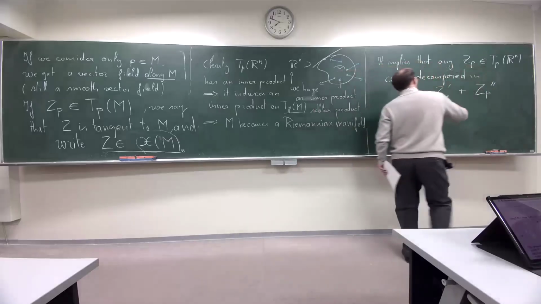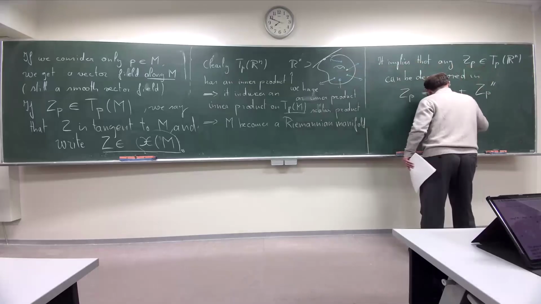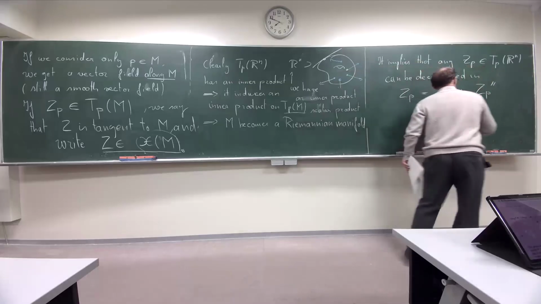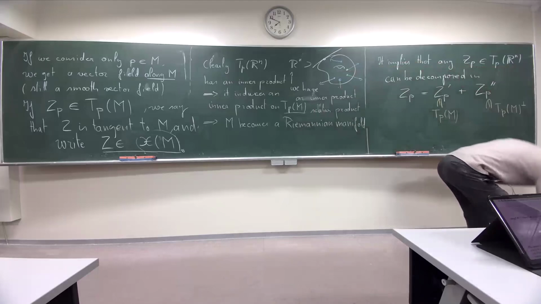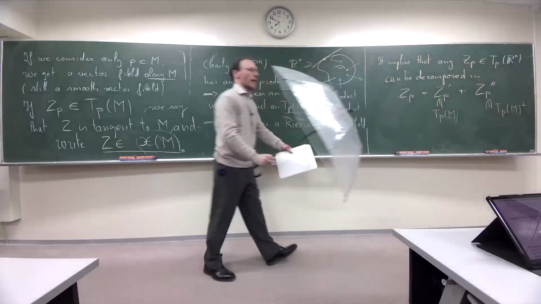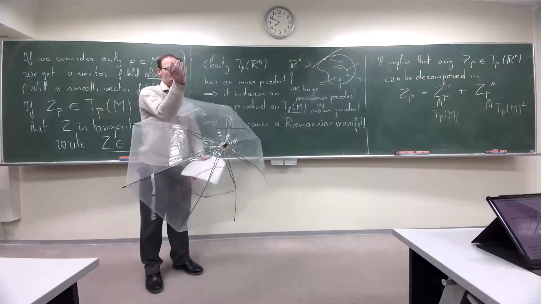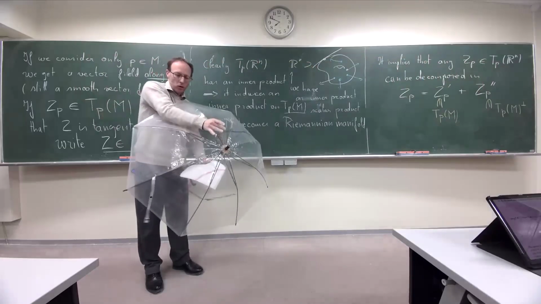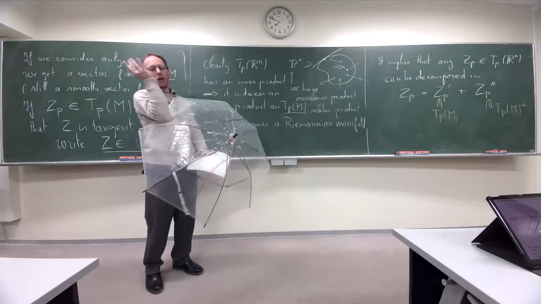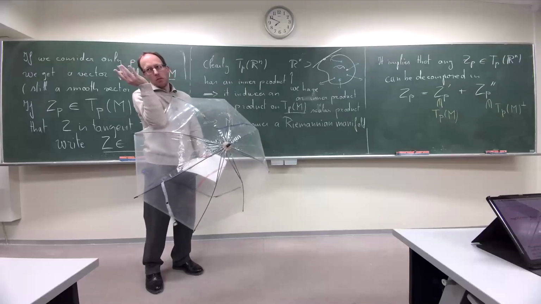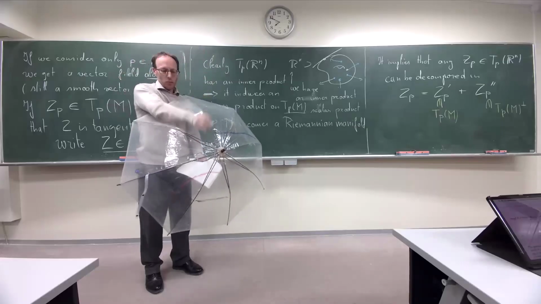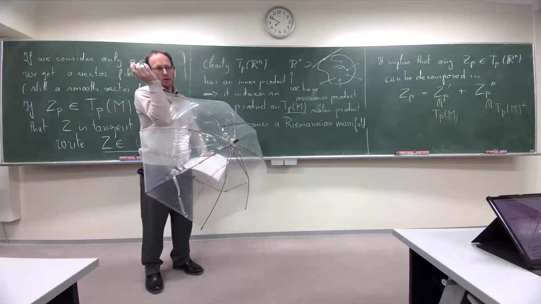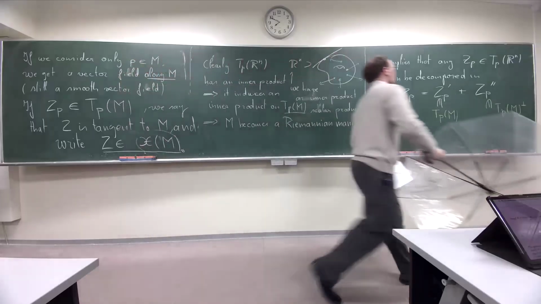It means this one is in T_p of M, and this one is perpendicular, is in T_p of M perpendicular. Indeed, like my umbrella. Any vector can be decomposed into one component on the manifold and one component perpendicular to it. That's it. Any vector starting here has one component on the manifold, one perpendicular to the manifold. That's the meaning.